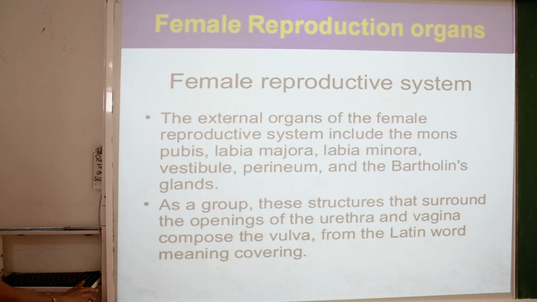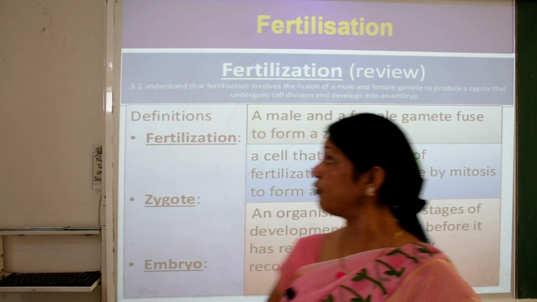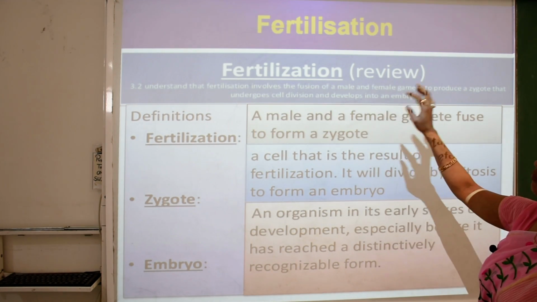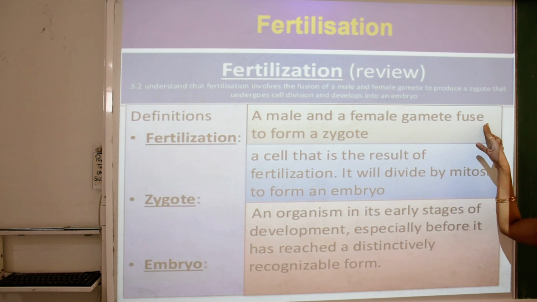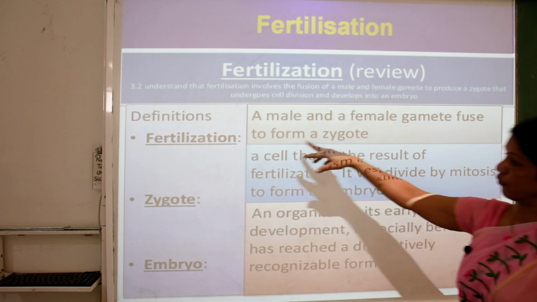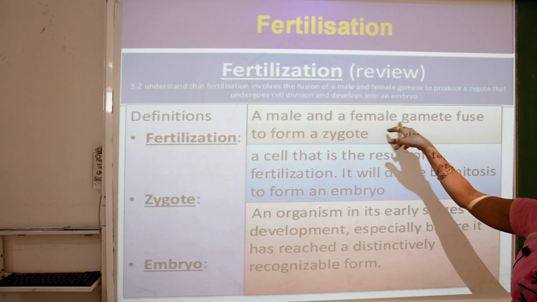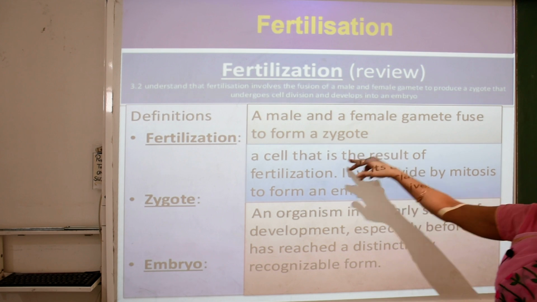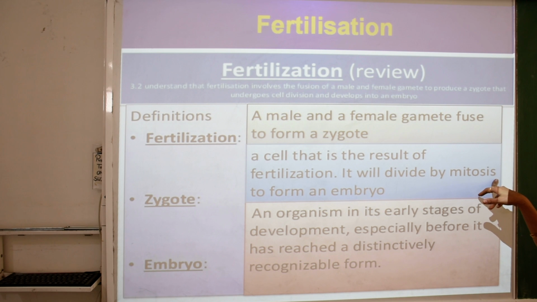Now further we see what fertilization is. Fertilization means the male and female gametes fuse. Fertilization forms a zygote from the male and female gametes. A cell that is the result of fertilization will divide by mitosis to form an embryo.